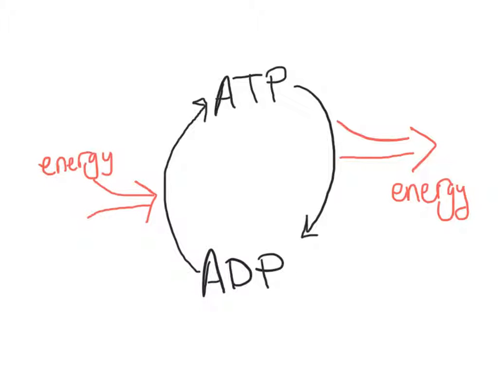You need to put energy in to shove that last phosphate group back onto ADP. And where this energy comes from, it ultimately comes from the breakdown of food, specifically from the breakdown of energy-containing nutrients in your food, carbohydrates and lipids and protein. The breakdown of those food molecules gives the energy to make ATP so that then ATP can be exchanged to do work.